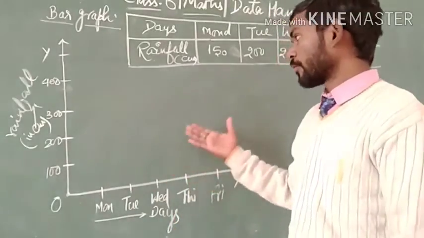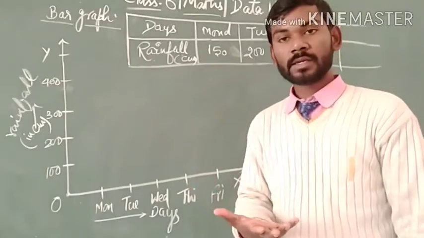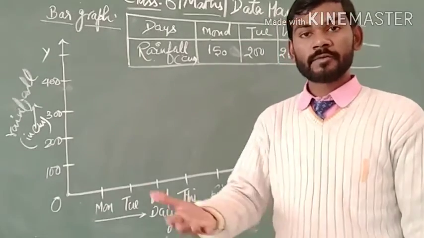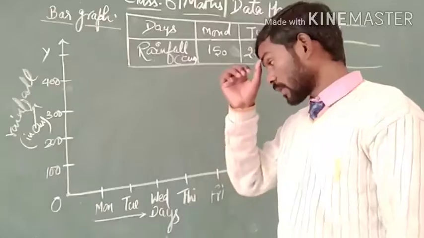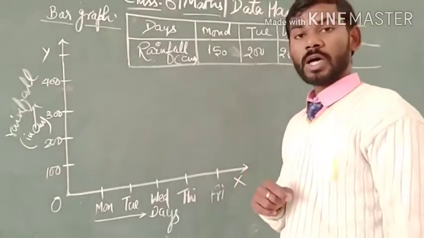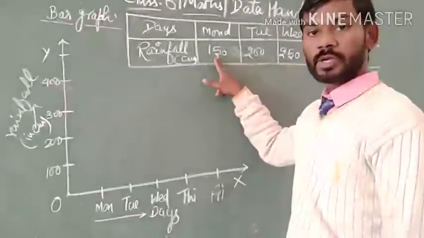And next we have to draw the bar which will represent the rainfall at a certain place in different time. So from the question we can see that on the day of Monday, the rainfall is 150 centimeter.